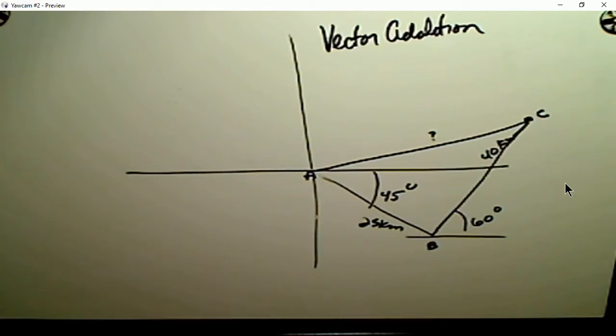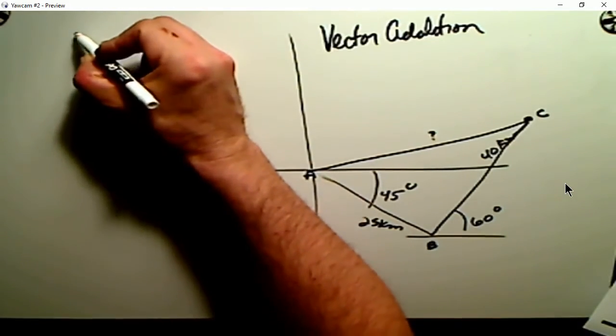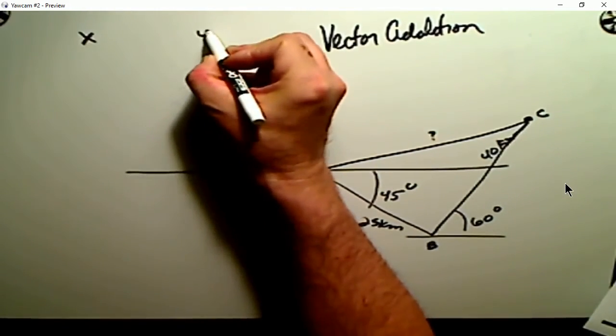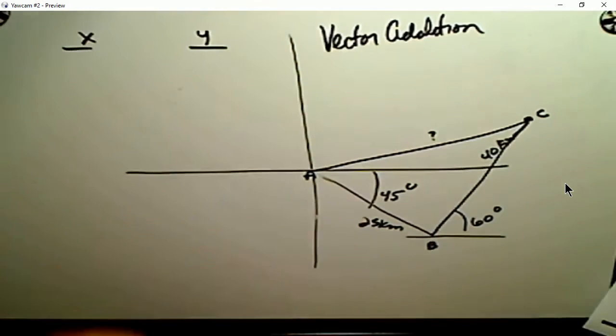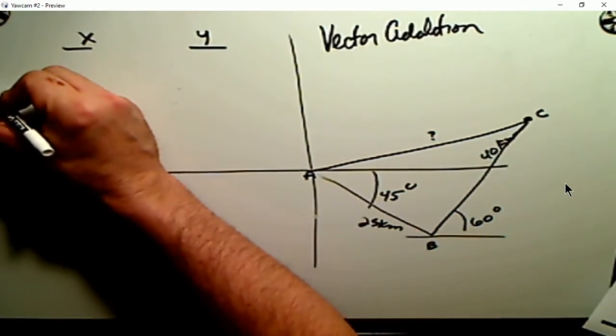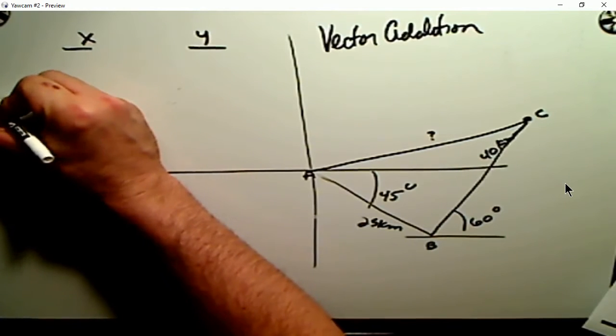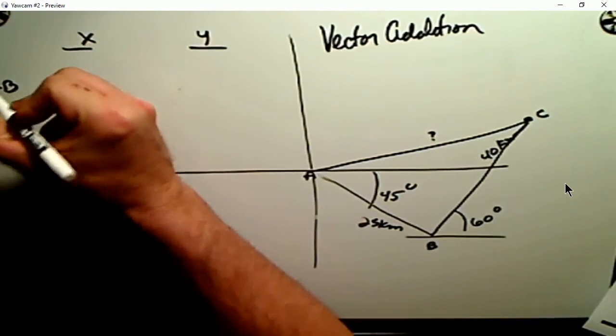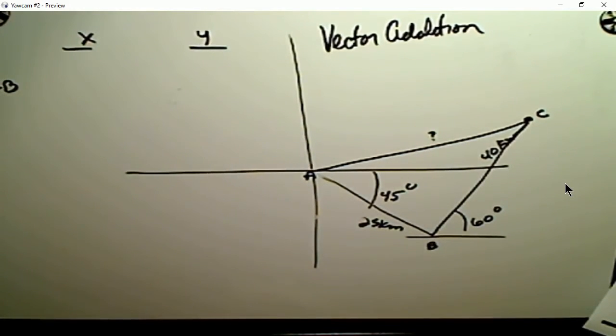It may be helpful to do this via a little matrix here. In the X and the Y direction, from A to B, okay, that's one vector.